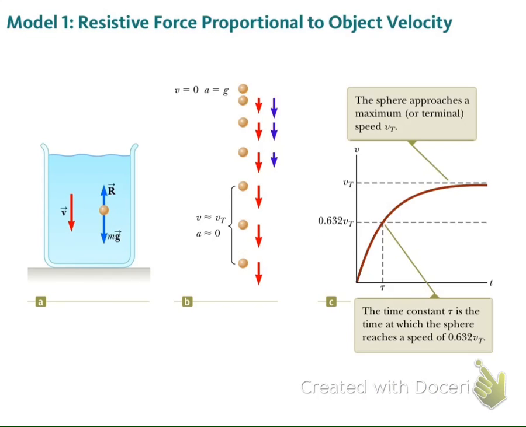In this first model, we can use this model when the velocity is not so large, or we can say that if the velocity is small. And also when the mass of the object is small too.